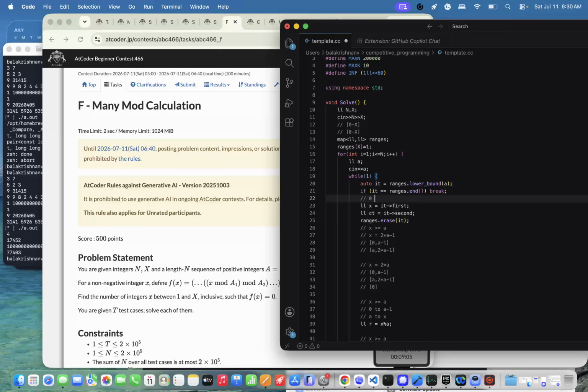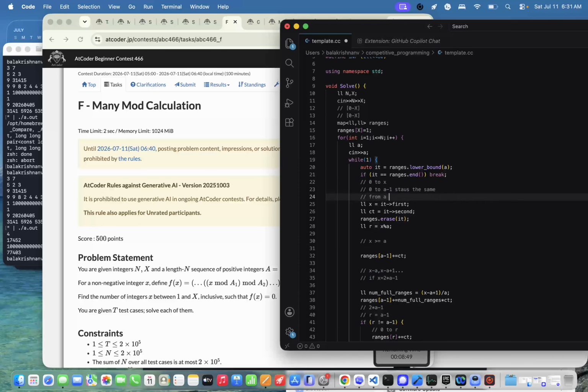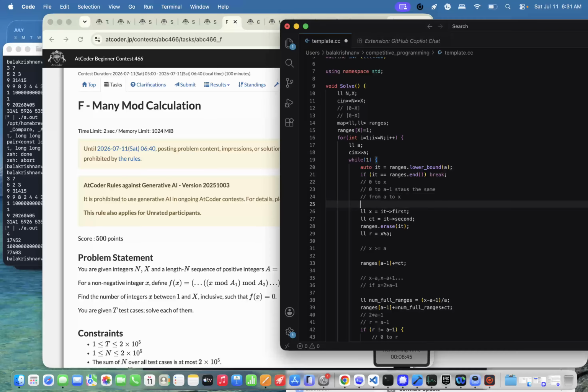Obviously the 0 to A minus 1 stays the same, and that's why we increase the ranges of A minus 1. From A to x, we are basically breaking it down into multiple pieces.